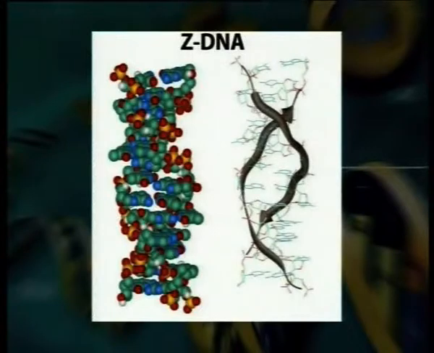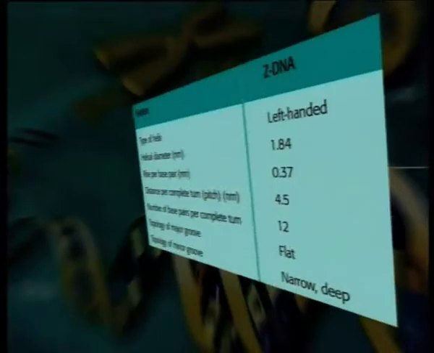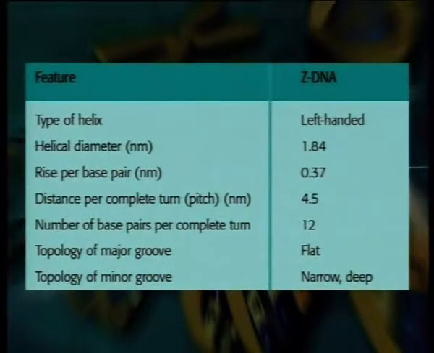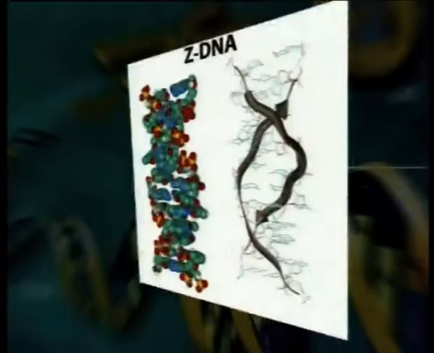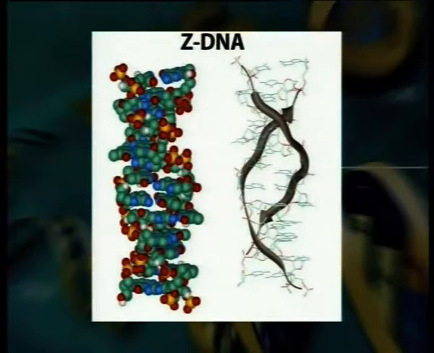There are no grooves and the helix shows left-hand coiling. There are 12 base pairs per helical turn, with a rise of 0.38 nanometer per base pair. In Z-DNA, the sugar phosphate backbone follows a zigzagged path, giving it its name Z-DNA.